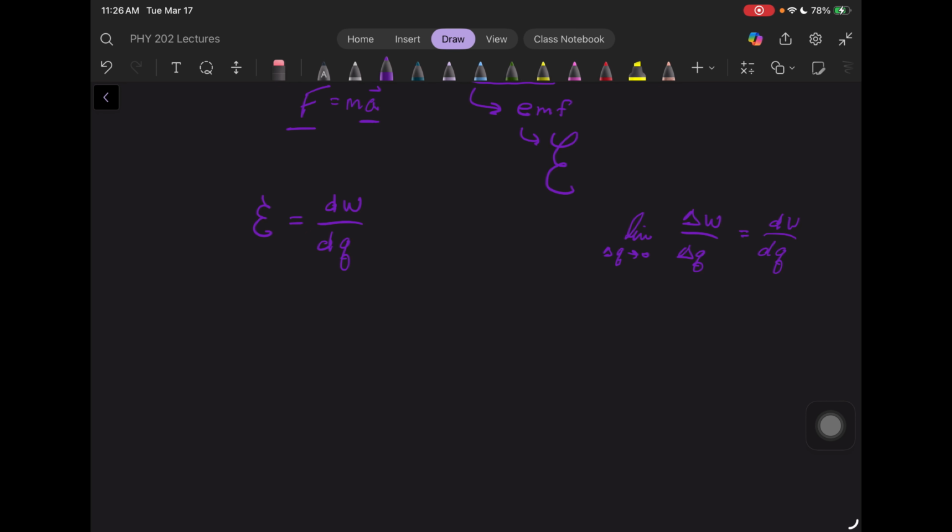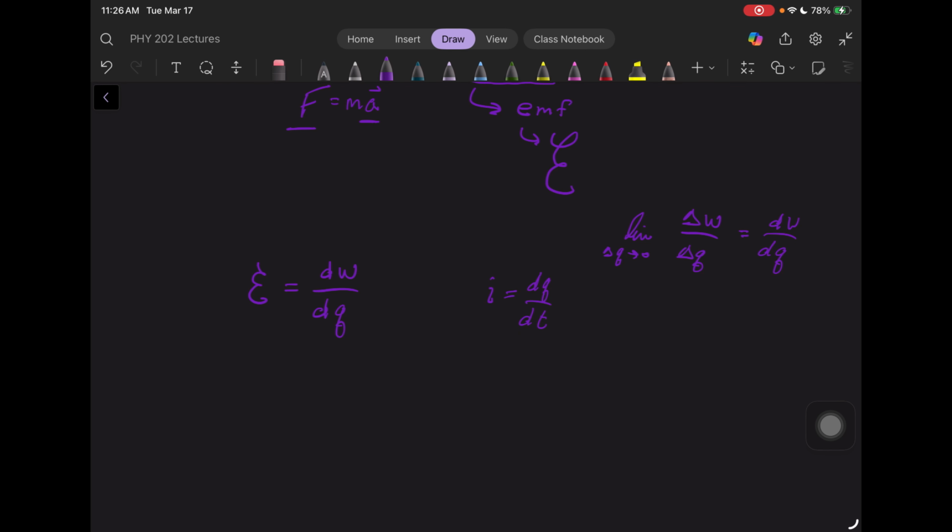So it's the change in work per change in charge. And so, like when we said that current I is equal to dq dt, it's the change in charge per change in time. And so this is the change in work per change in charge, which is what we're working with here as our loose definition for EMF.